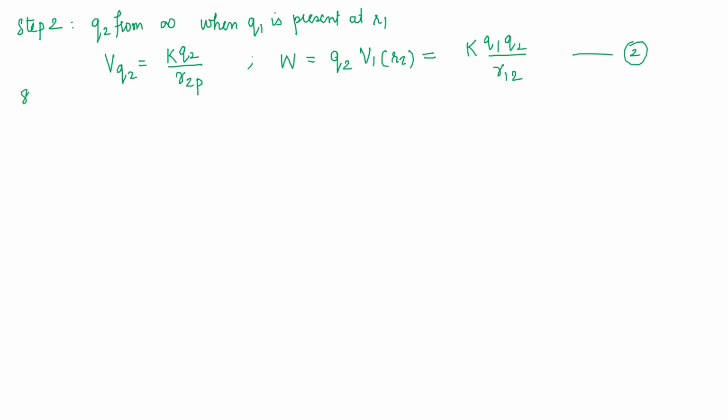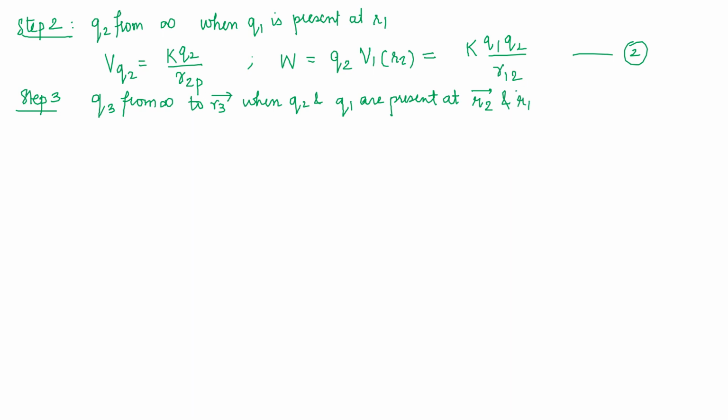Then it comes to step number 3, where we have a charge q3 coming from infinity to position vector r3 when q2 and q1 are already present at position vectors r2 and r1 respectively.